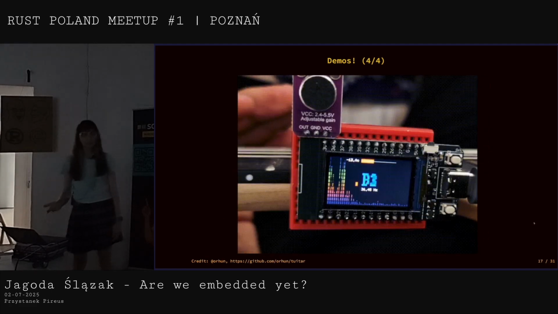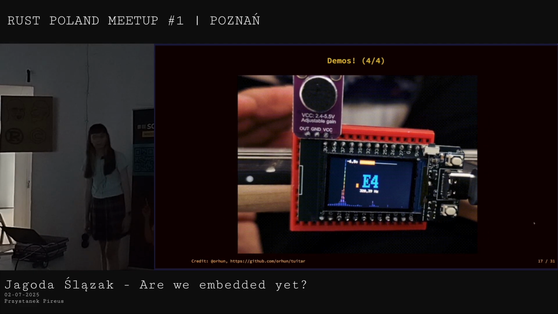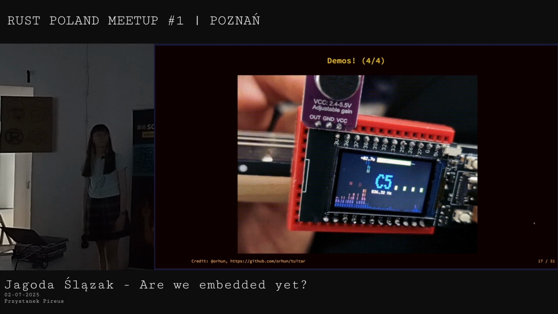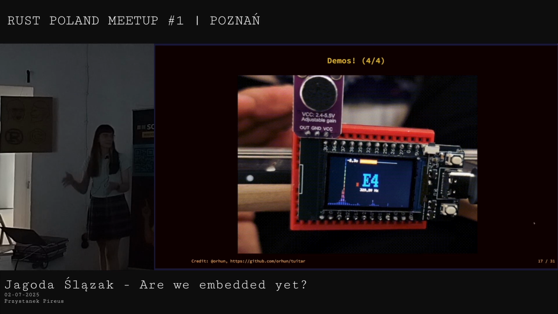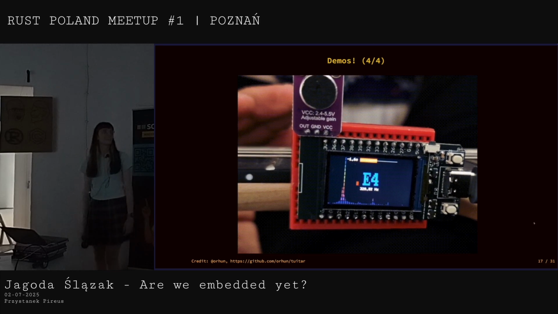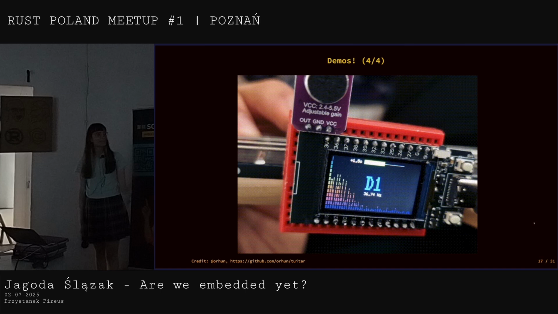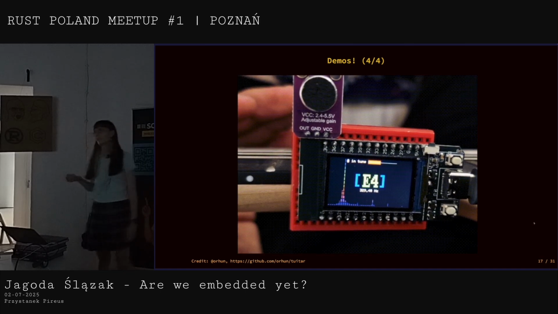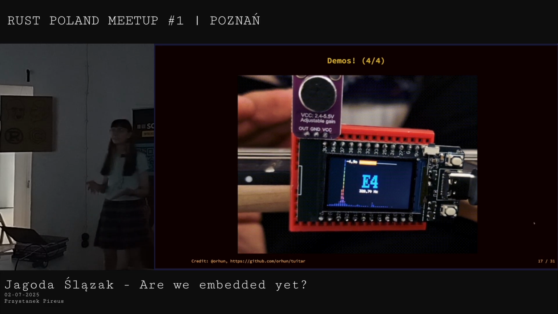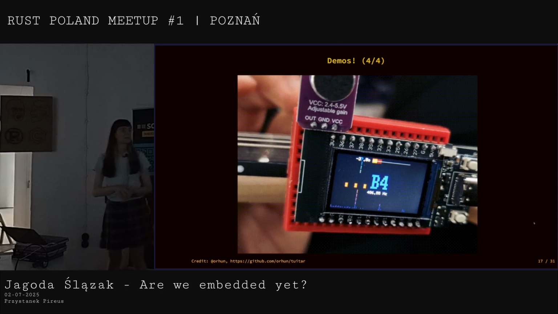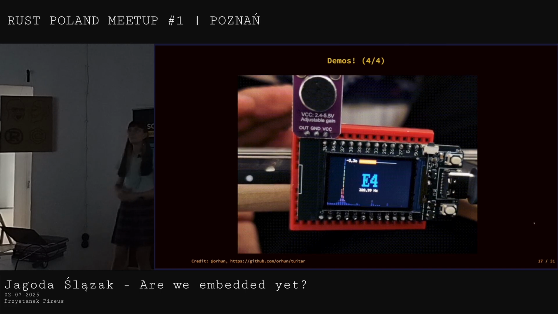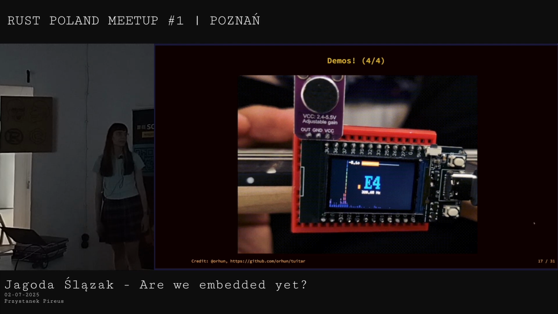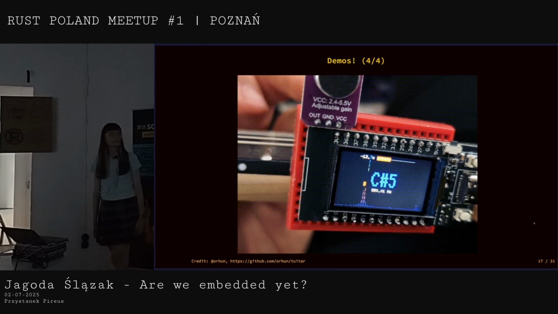And here's a project made by Orhun, who made a guitar tuner called Tuitar, because, you know, terminal user interface, Tuitar. And I mean, this project started like, can I do this? I didn't think much about any real use cases, but use cases just appeared out of nowhere.